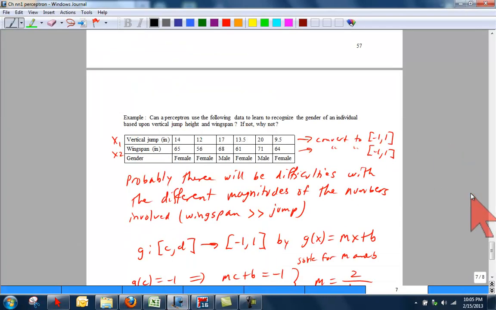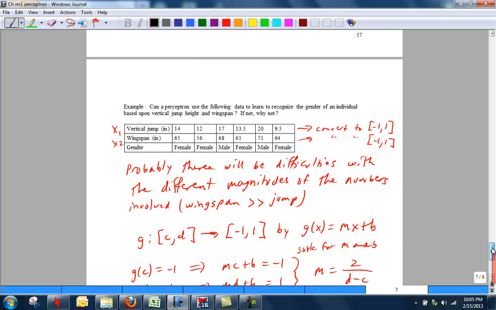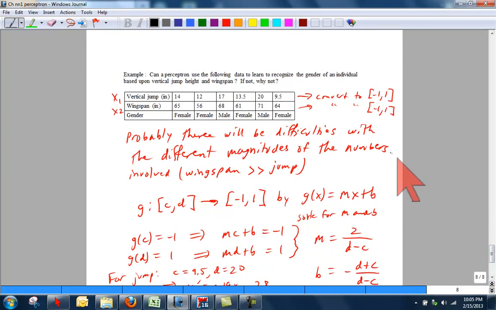Okay, let's go back to this problem. We had commented that yes, the neural network does have a chance of learning gender distinguishing, but the scaling on the vertical jump measurements and on the wingspan measurements are far apart, and so the wingspan might overwhelm the vertical jump, and it would be a good idea to do a rescaling to bring these two sets of numbers more in line with each other.